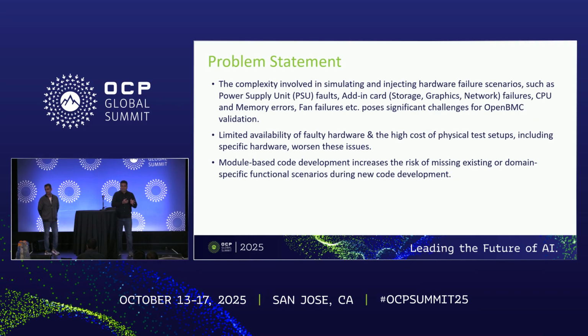So now, after a little background about what this is about and where we are heading with this framework, we'll start with the problem statement. If you see any kind of validation you are doing, there are scenarios wherein you want to test with faulty hardware or inject faults.